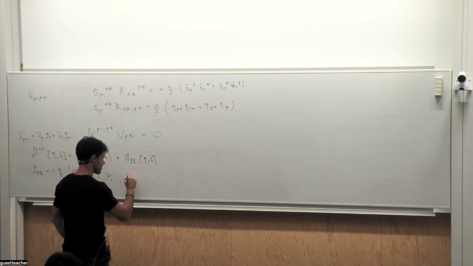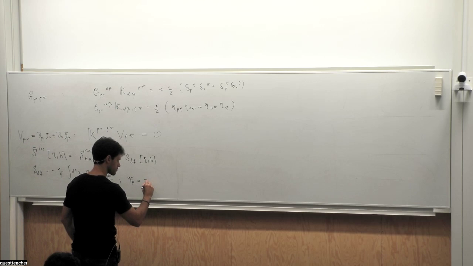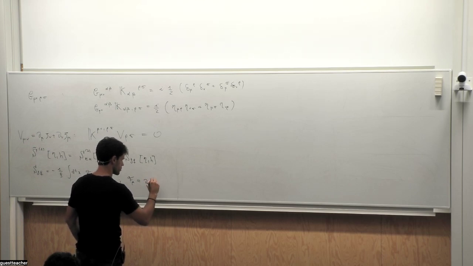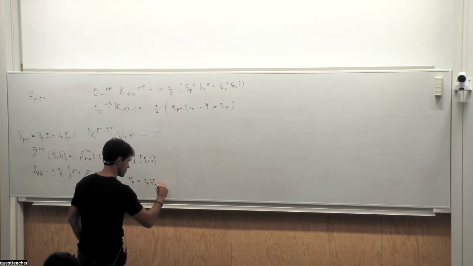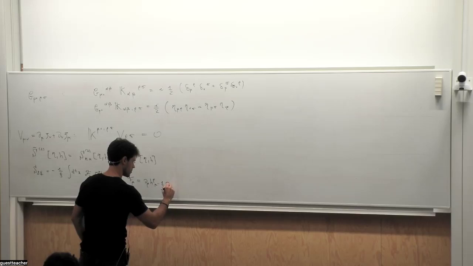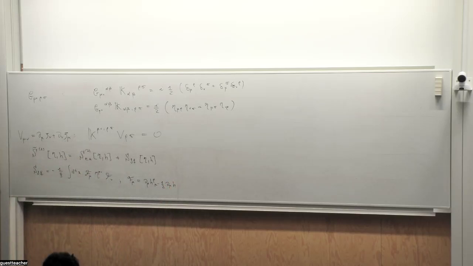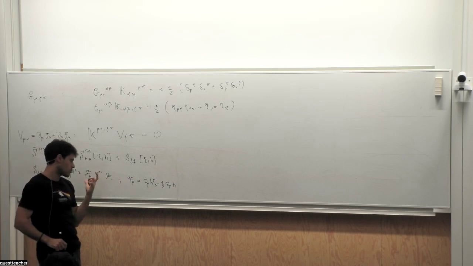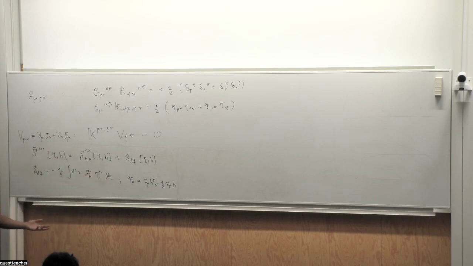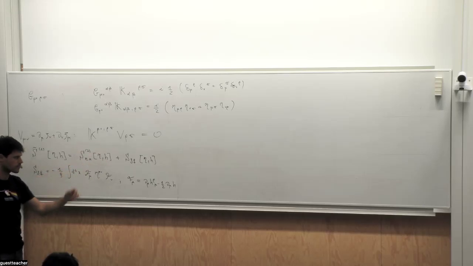Where this function F is given by this expression. And basically, you have the square of this function in the gauge fixing. And you can see this term is not gauge invariant. So we are breaking basically the gauge invariance of your action.